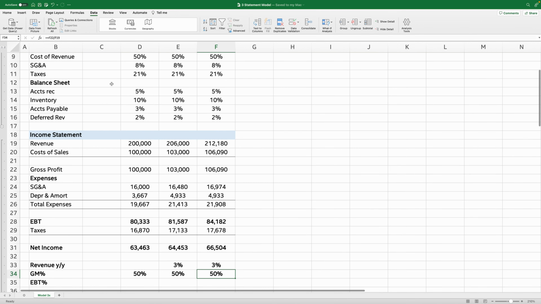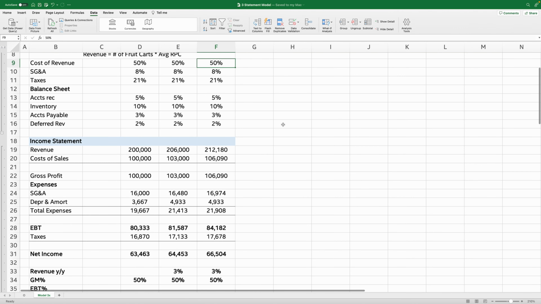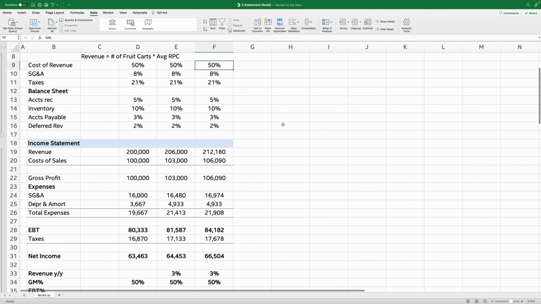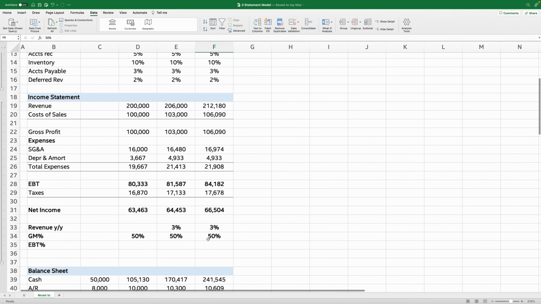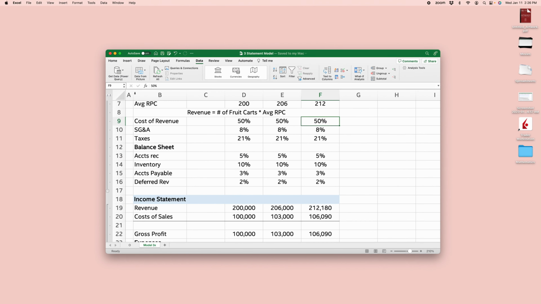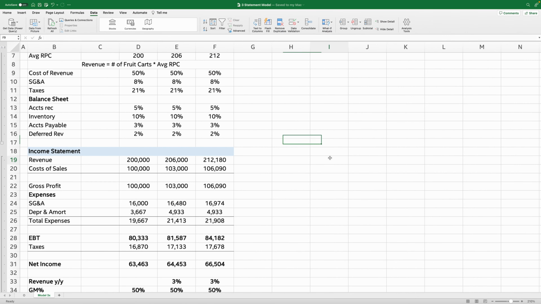So if we actually change this from 50% to 60%, what do you think the gross margin would be? Gross profit equals revenue minus cost. Right now, gross is equal to 100% minus 50%. If I change 50 to 60, what should the gross margin be?